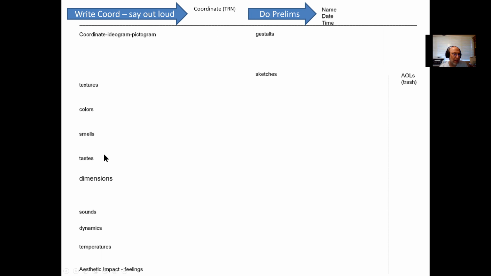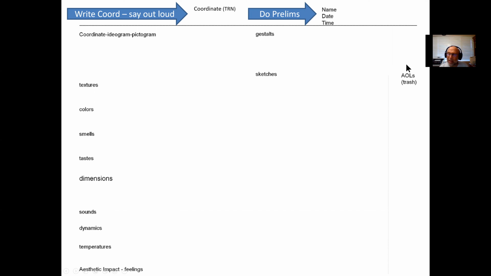Textures, colors, smells, tastes, dimensions, big, round, triangular, all kinds of dimensional variables. Sounds, is it dynamic? Is it moving, not moving? Temperatures. And feelings, you can get feelings at the side. If it looks like a person is crying, you can get sadness. So there's all kinds of things you can get. And then always leave room for sketches.